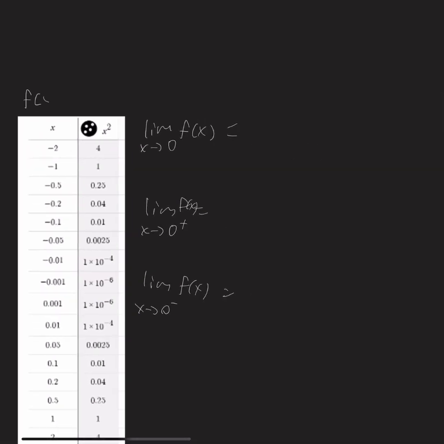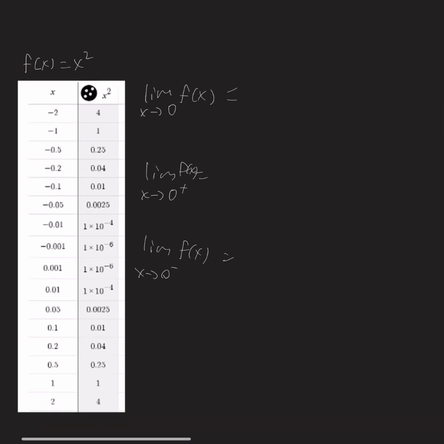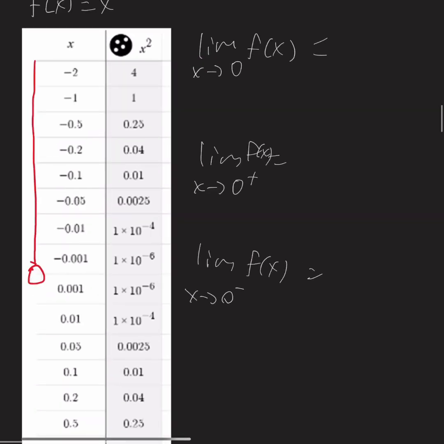This is f of x equal to x squared. One thing to note for tables is that as x gets closer and closer to a target value, which is 0 here, the increment of x must be getting smaller and smaller.